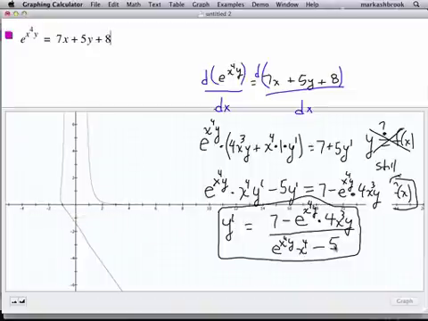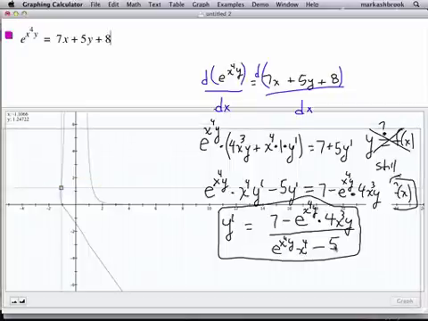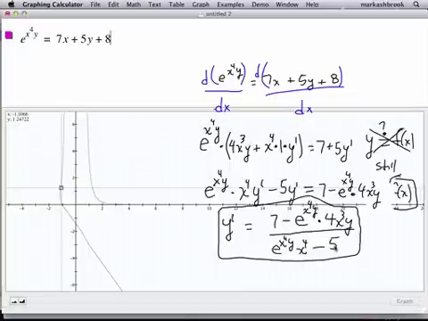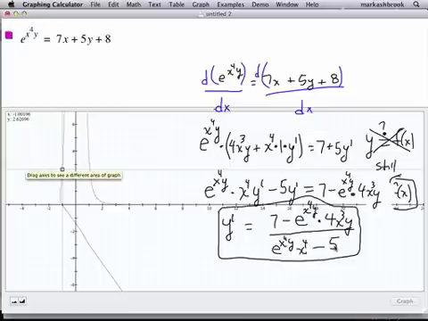How about we get -1 here? Okay, that's the closest I can get. So I got the point -1, 2.627.